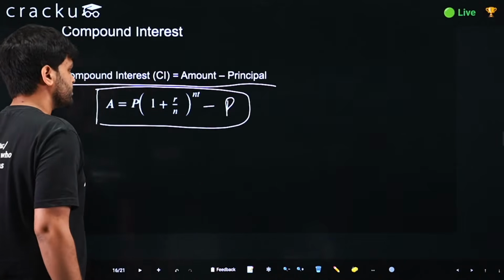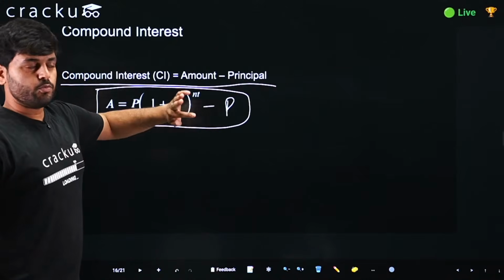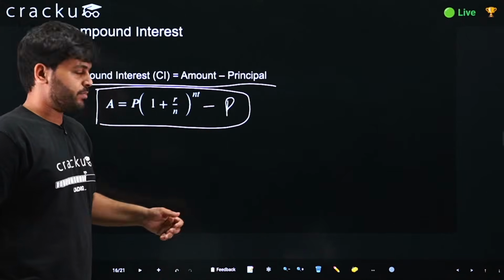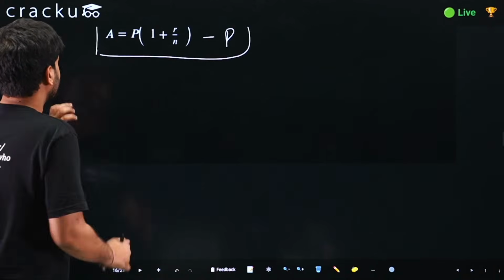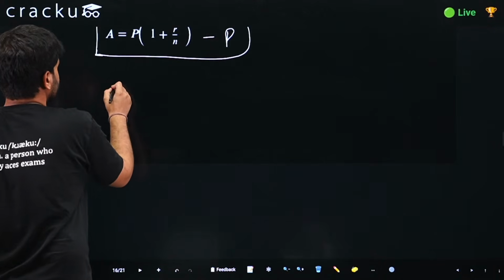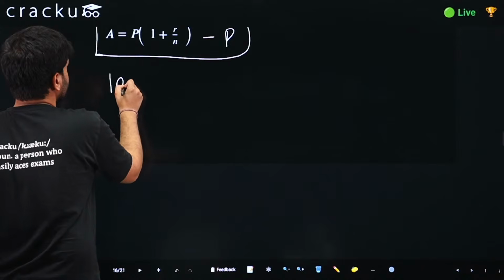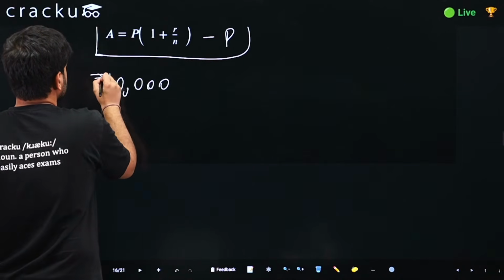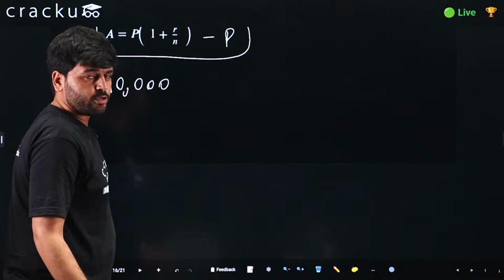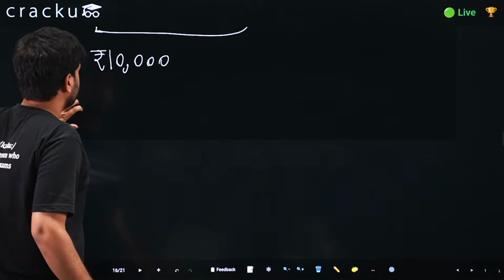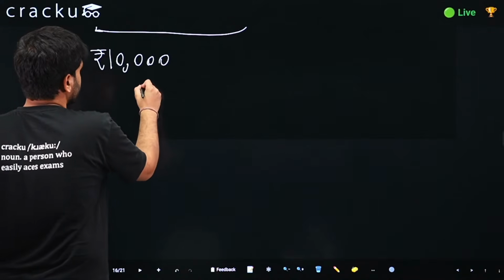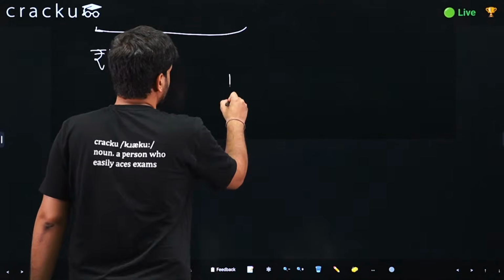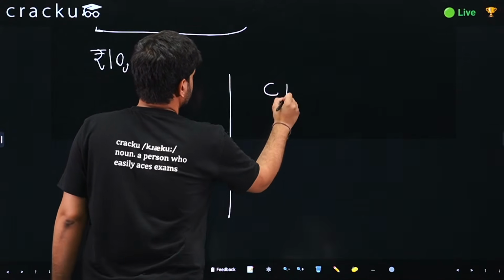Now let us look at the difference between both types of interest using an example. For example, you have a sum of 10,000 rupees. You took 10,000 from your friend. Now he can either charge you simple interest on it or compound interest on it.